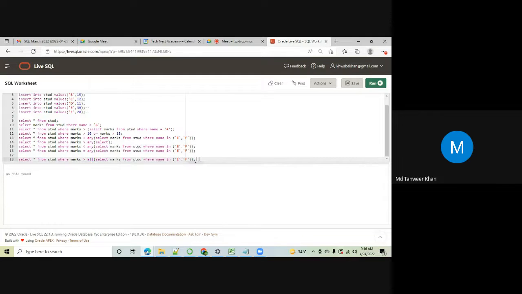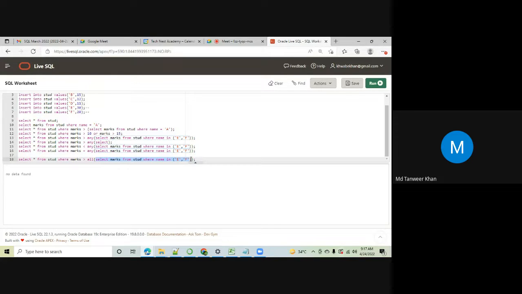Because this works as an AND condition. Here you are telling the SQL engine to tell me those student details whose marks are greater than all. ALL means execute this query, and whatever marks you get, I want those student details whose marks are greater than all these students' marks.